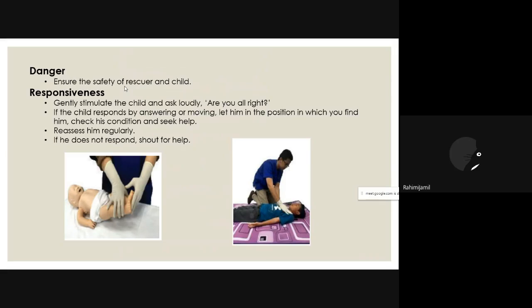We check responsiveness by asking the child out loud, "Are you alright?" or tapping the feet of the patient. If the child responds, by answering or moving, we leave the child in the initial position and ask for help. If the child does not respond, we move to the next step, which is shout for help.